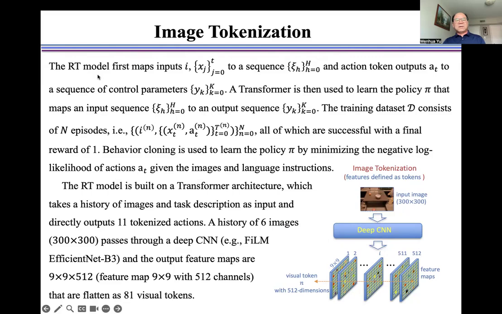The RT model further maps the input instruction I and images X to a sequence, and action token outputs A_T to a sequence of control parameters Y. A transformer is then used to learn the policy pi that maps the input sequence to the output sequence Y. The training dataset D consists of N episodes, all of which are successful with the final reward of 1.